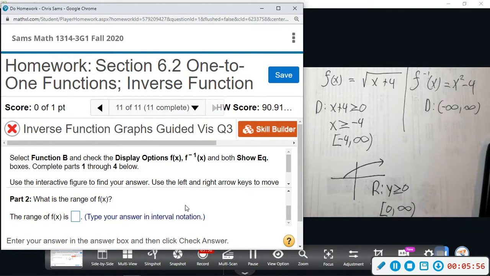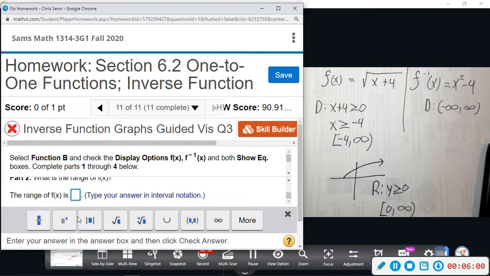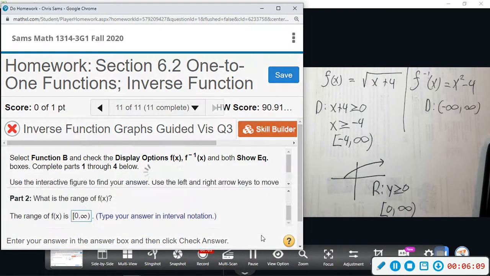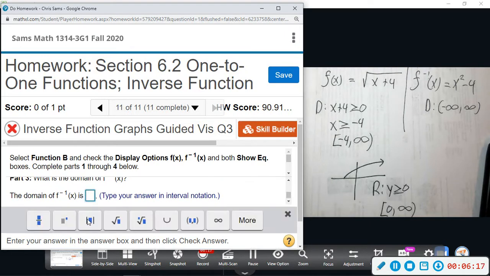Okay, no shifts, no translations or anything. So our range is going to be bracket 0 up to infinity, and then close parentheses. Alright. And now domain for this guy, which we've already talked about, is going to be all real numbers. So negative infinity to positive infinity.